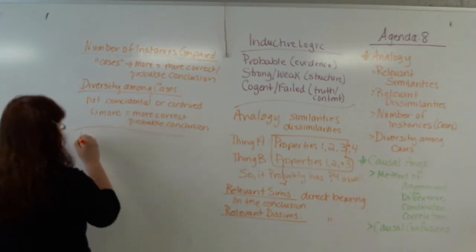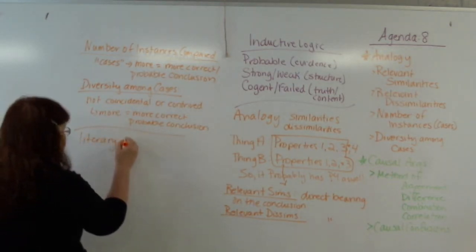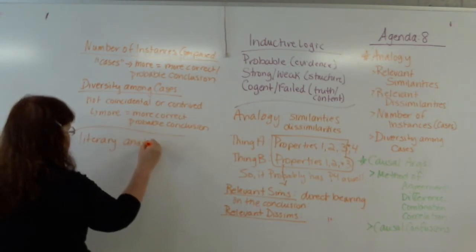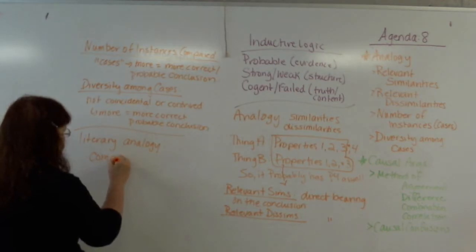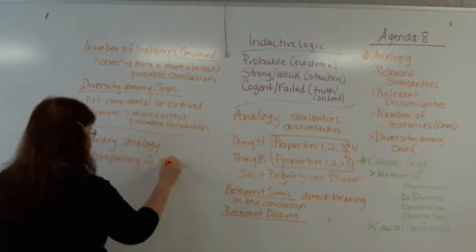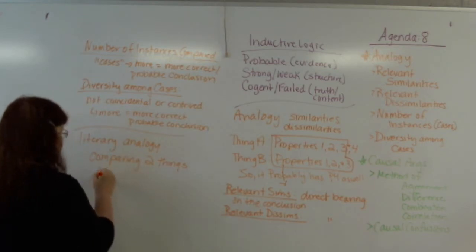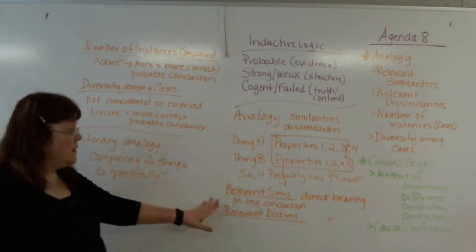The other kind of analogy that Dr. Vaughn gets at and doesn't talk about very much is the literary analogy. We are comparing two things, and we're doing it kind of poetically. We're not trying to show an argument, really.